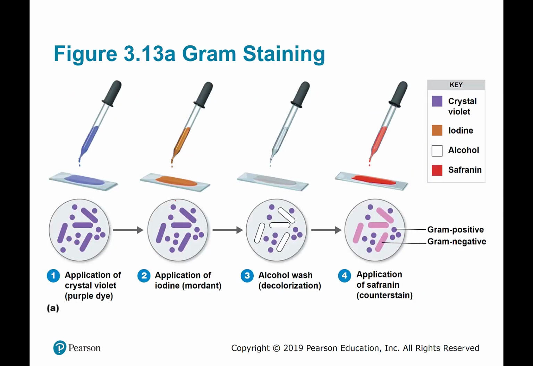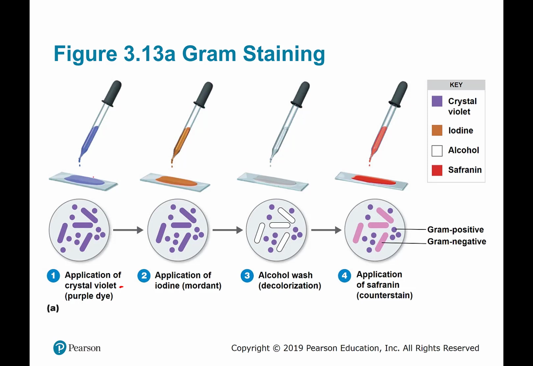The steps in the Gram staining are, first you're going to apply your primary stain, which with the Gram stain is going to be crystal violet. It's a purple colored dye or stain. You're first going to create a smear, heat fix the smear, and then allow it to cool after heat fixing, and you apply the crystal violet.